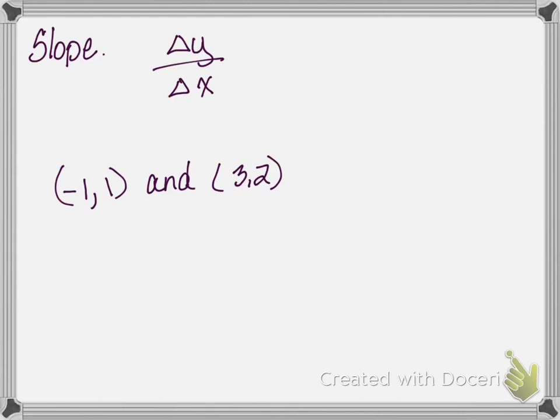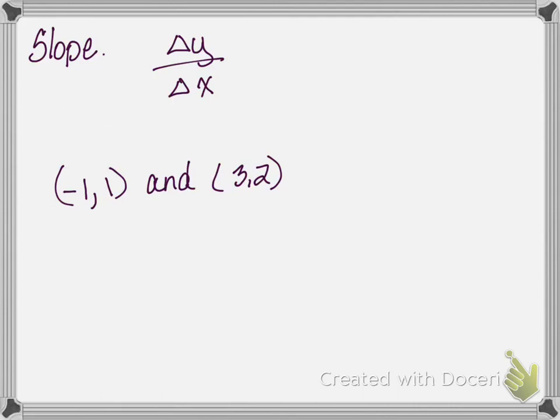Okay? That is not allowed. So, if you have a 0 in the numerator, you're good. Your slope is just 0. If I have a 0 in the denominator, my slope is undefined. My slope is undefined. Okay?